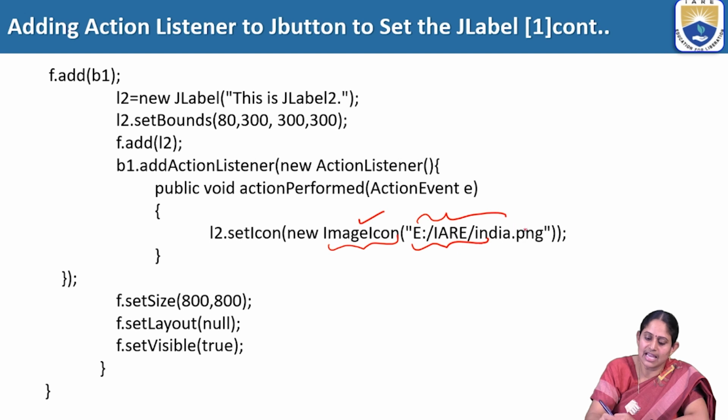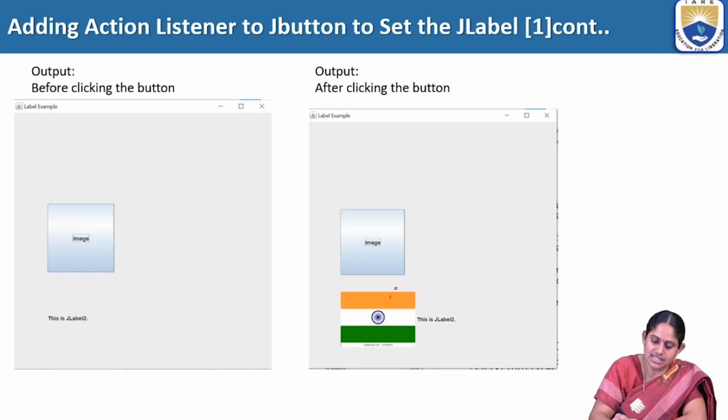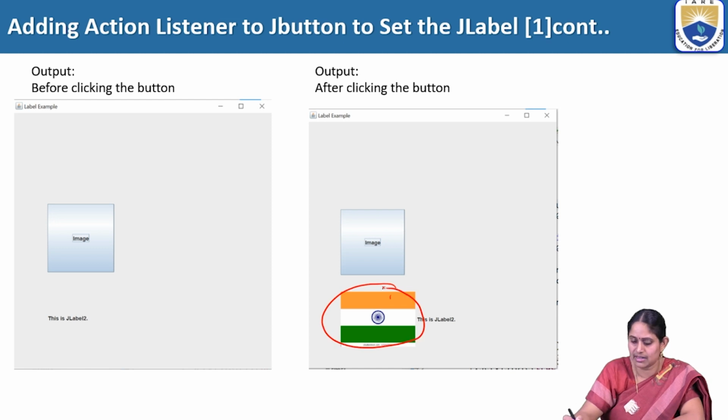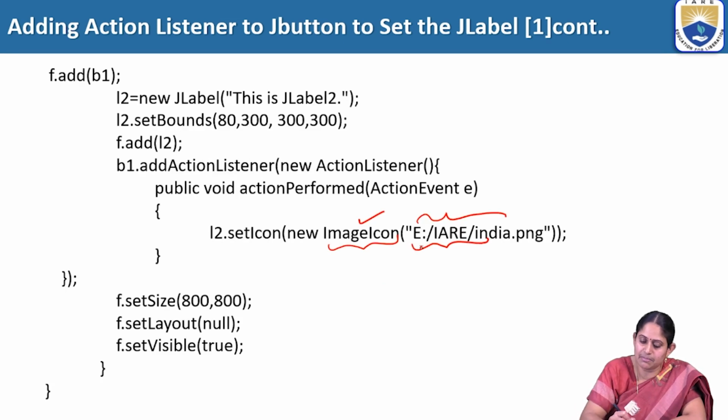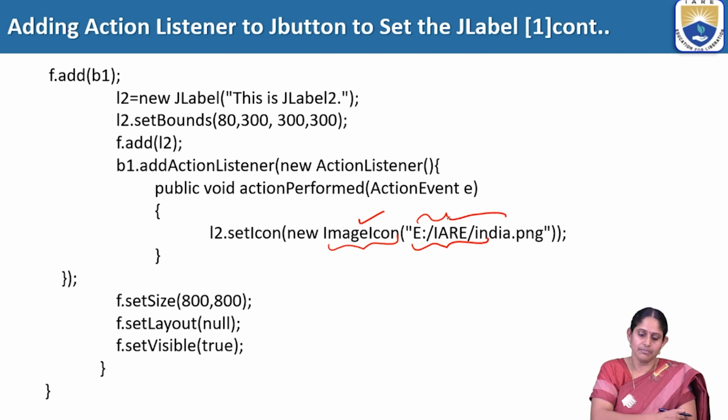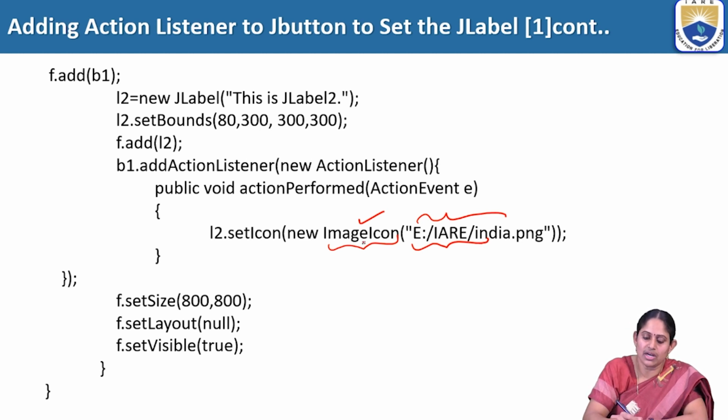So this image is placed inside my E drive at the IARE folder, and India is the file name. So we pass this URL to the ImageIcon class so that it will create an image icon as such to be used in our programs.